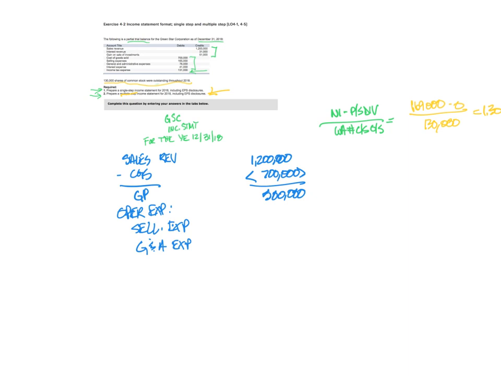These are all going to be considered operating expenses, part of your core operations of business. So we have 165,000 and 76,000. This gives us our total amount of operating expenses of 241,000.